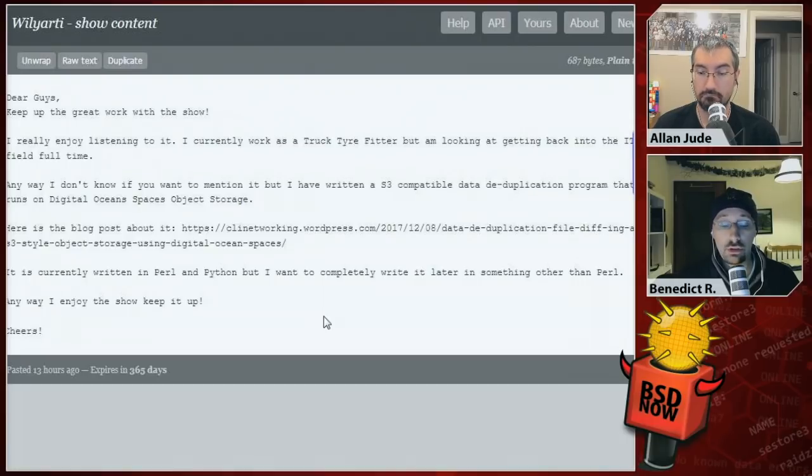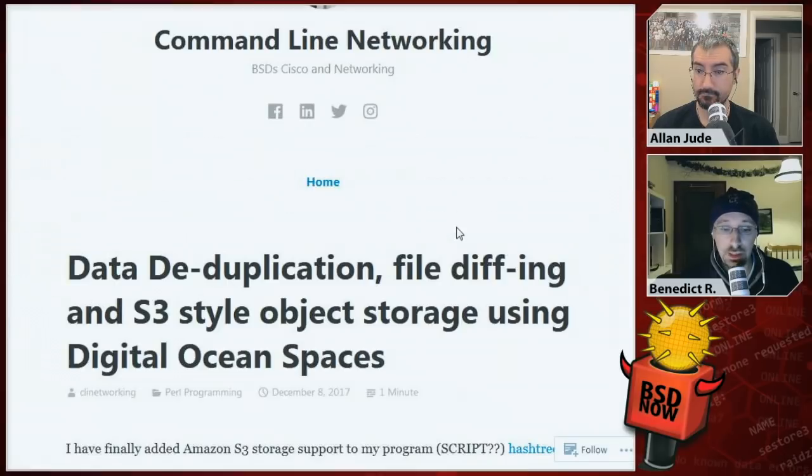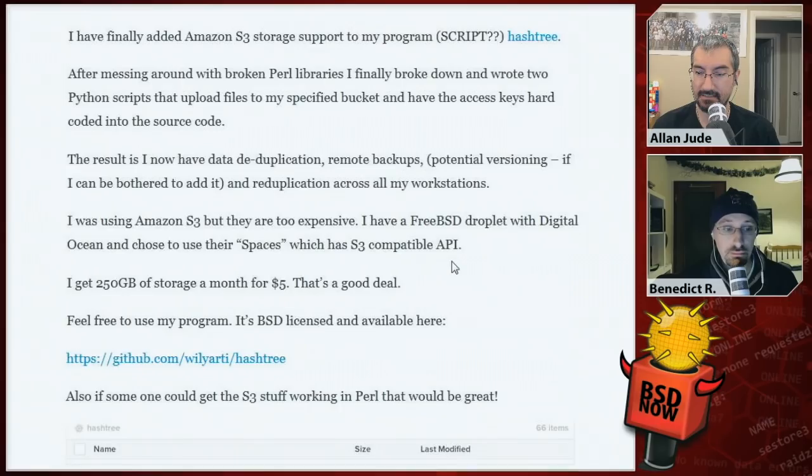Anyway, he enjoys the show. Keep it up. And I think he's also listening to us a lot. And the code looks actually quite interesting, so people should check it out. There's a blog post over here if you want to check it out. It seems pretty interesting, and it's available under a BSD license. Yeah, by all means.